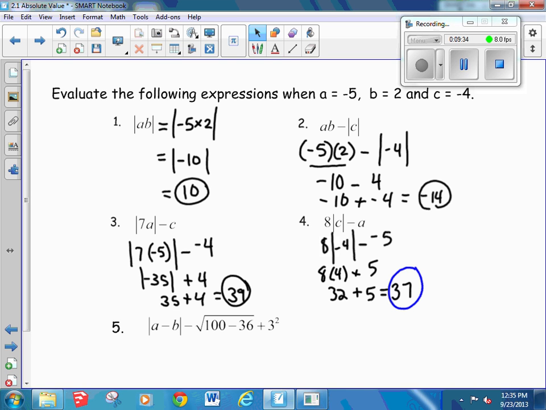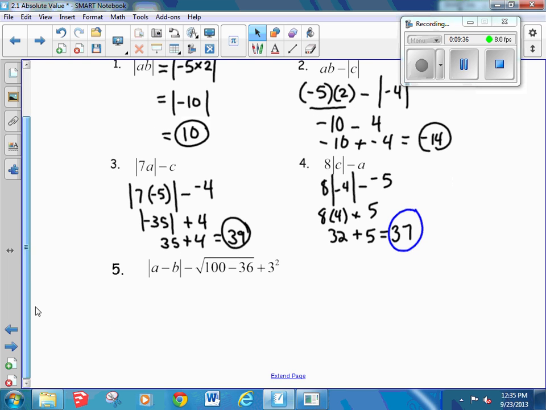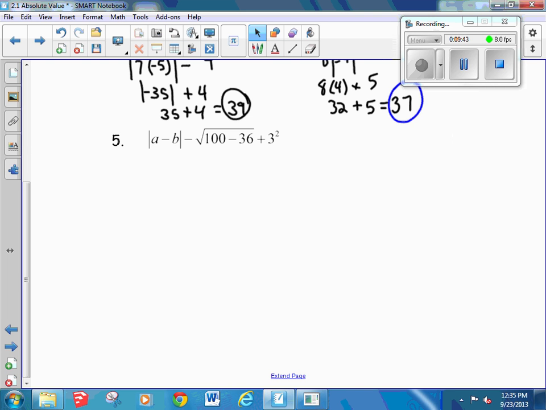So down here, look at that fun little problem. This is going to also allow me to talk about a couple things that came up on your quiz. So we have here the absolute value of A minus B, minus the square root of 100 minus 36, plus 3 squared. We build better brains by getting you to use what you already know and tying it to what you're learning.